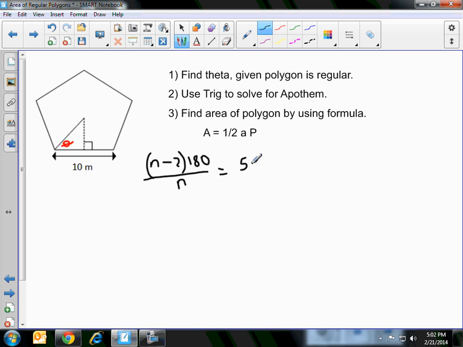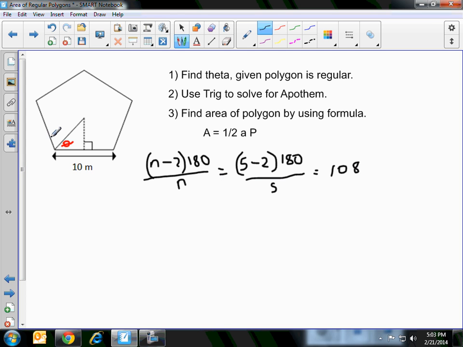So I'm going to substitute in 5 and solve for the value that we get. 5 minus 2 is just 3. So I'm going to do 3 times 180 in my calculator, and we get 540. I divide that by 5, and we get 108.